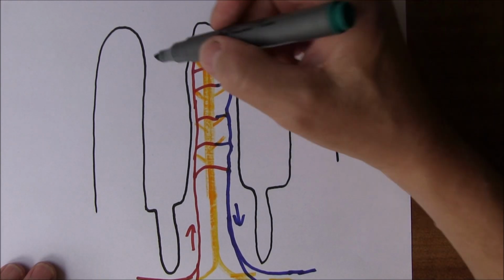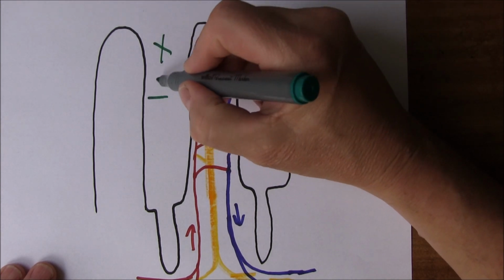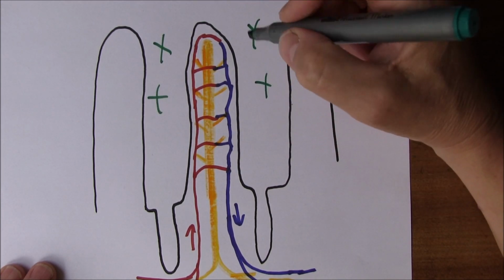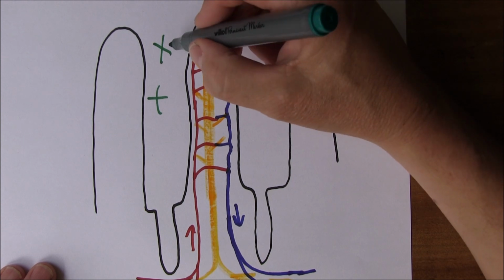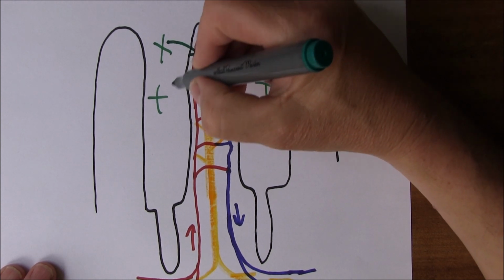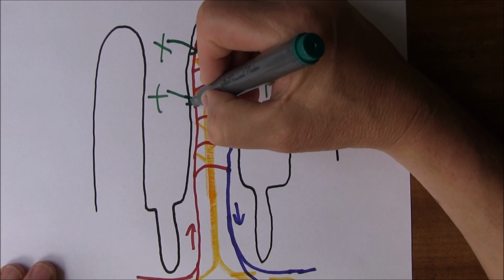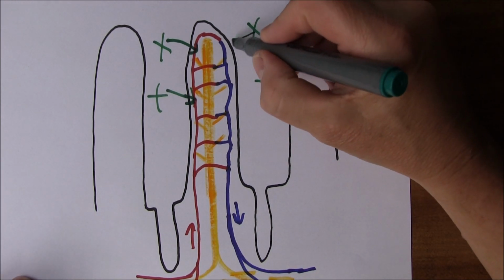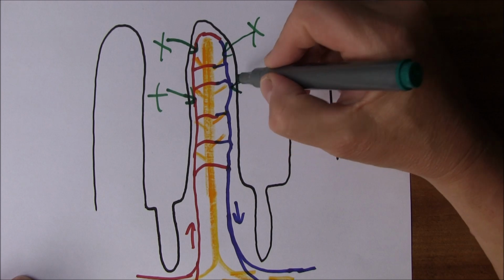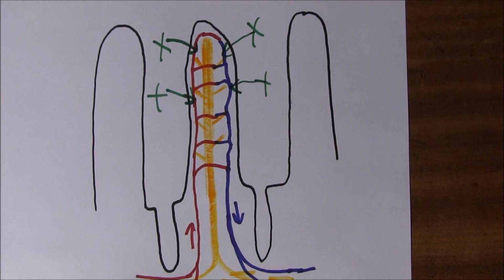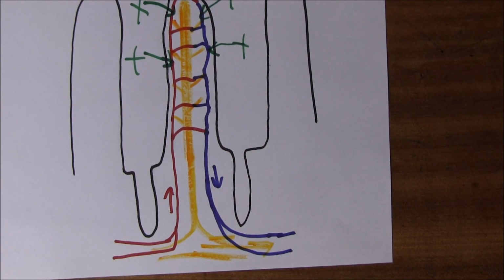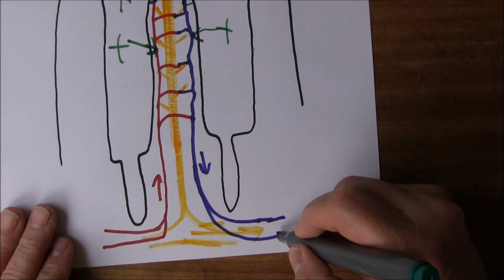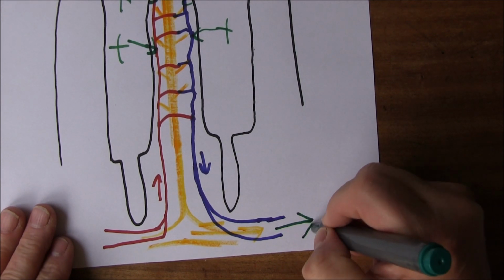Now this, of course, is the lumen of the small intestine here. So water-soluble products of digestion are going to go into the blood supply. The monosaccharides and the amino acids, for example, are going to go into the blood supply. And we can see that they're all going to be drained. All these nutrients are going to be drained via this vessel here, one of the venous vessels.